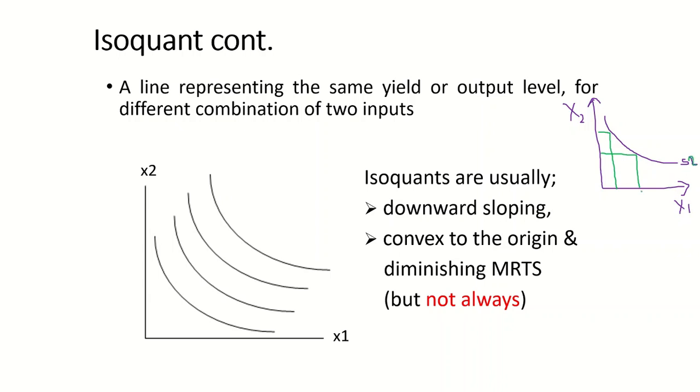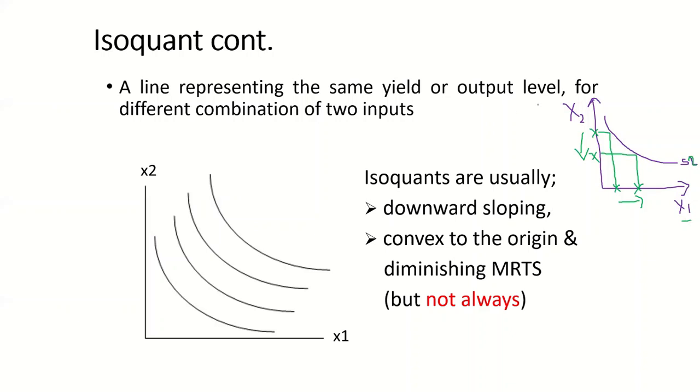Same yield. Now let's say I have an abundance of x2 and I use this much of x2 and this much of x1. And then maybe I have more of x1 this time, and I want to increase the amount of x1, but I want to get the same amount of yield. To do that, if I increase one, I will have to forego the other input.